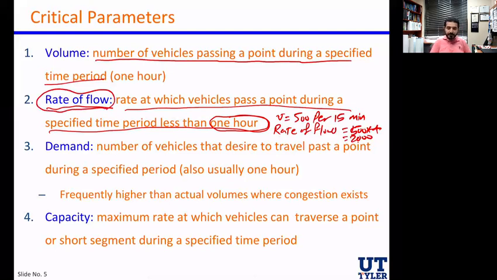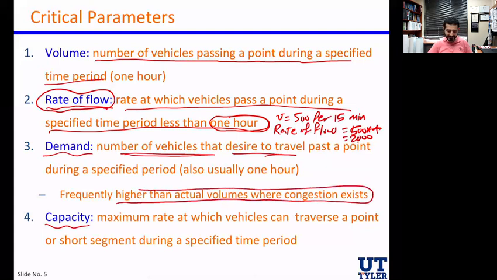Next is the demand. So what's the difference between demand and capacity? The demand is the number of vehicles that have the desire to travel past a point during a specified period, usually also an hour. This demand is frequently higher than the actual volume where congestion exists.